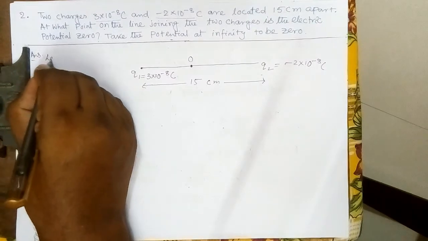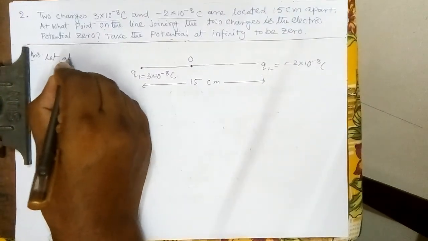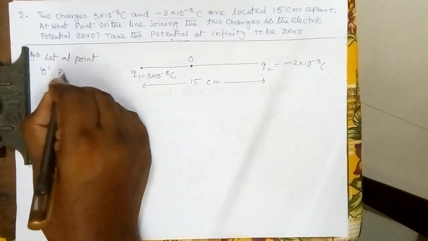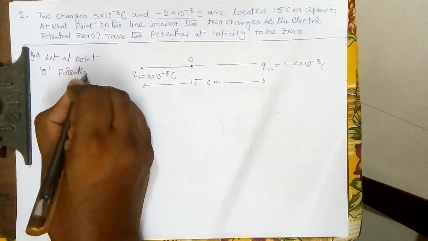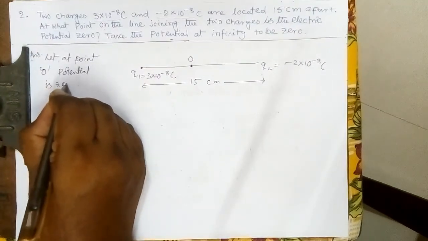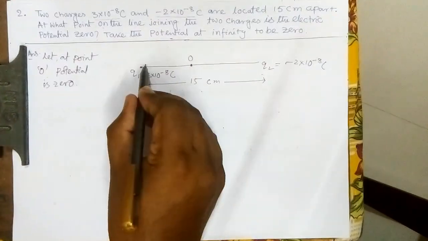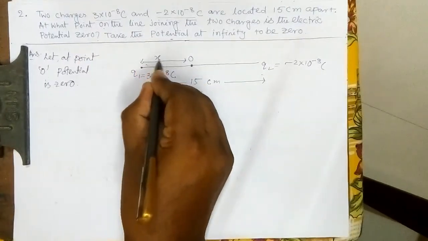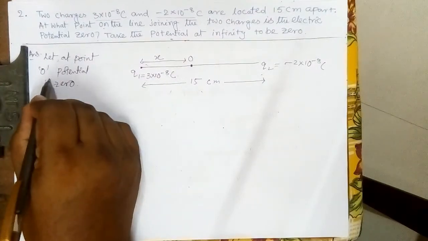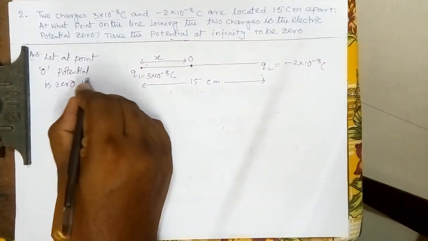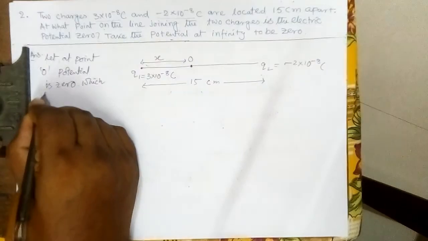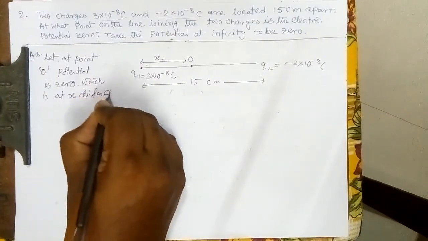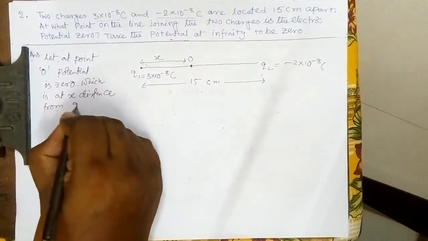So let the potential at point O be 0. Assume point O is at x distance from q1.